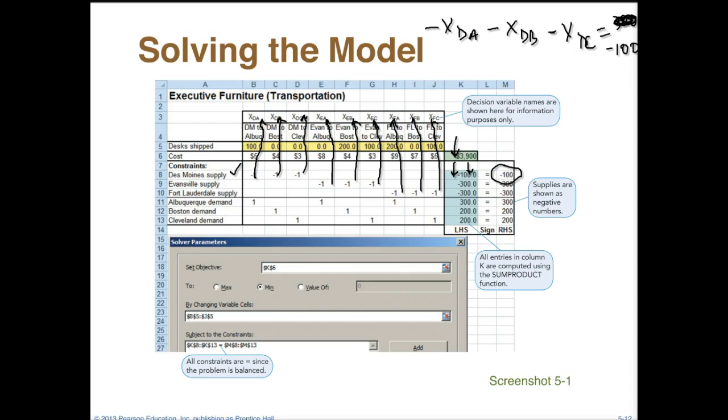Okay. Then, of course, you want to go here to your Excel solver. Make sure that you have your objective function in by changing all of the cells that are in yellow. And then, of course, your constraints will be all of these equations here.